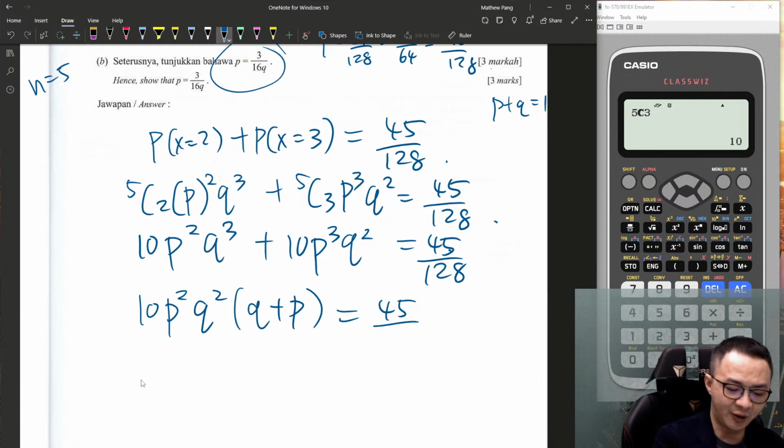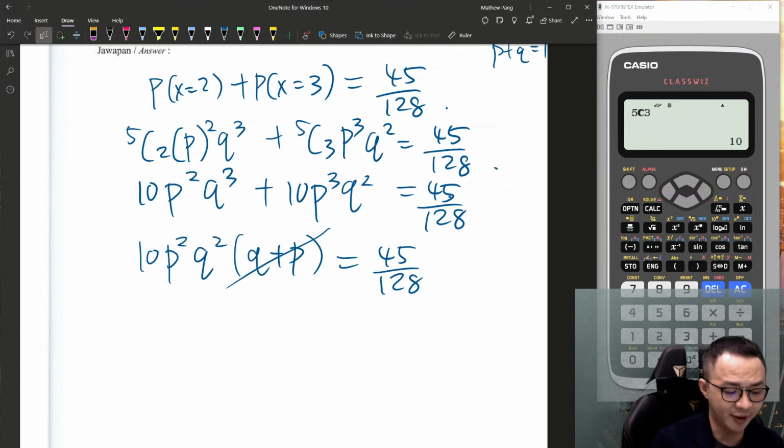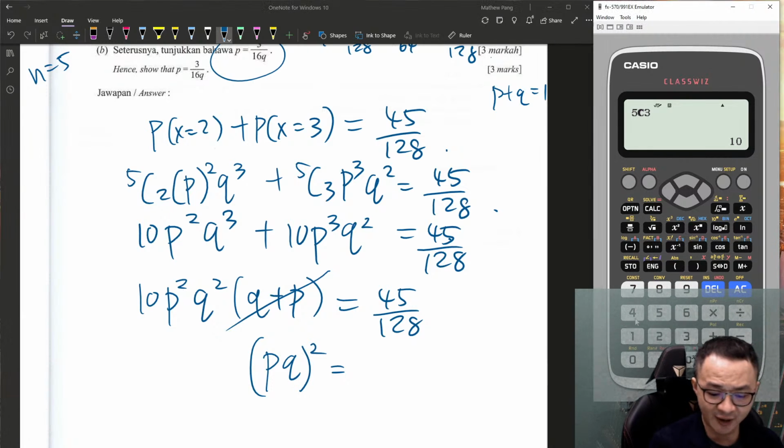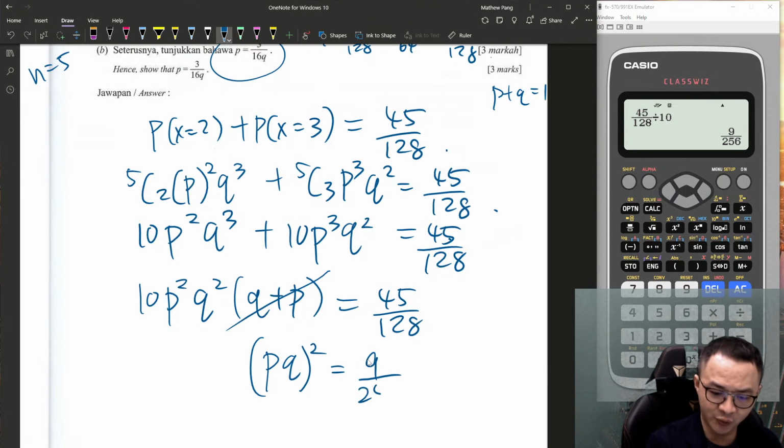P plus q and q plus p both will equal to 1, right? So this one equals to 1. I can ignore it. Then I move the 10 to the other side: 45 over 128 divided by 10. So I will get 9 over 256.